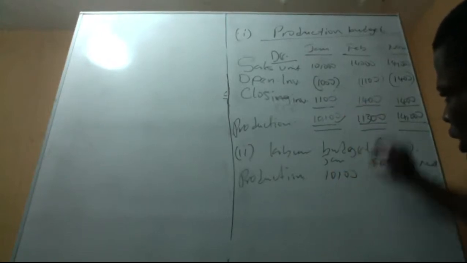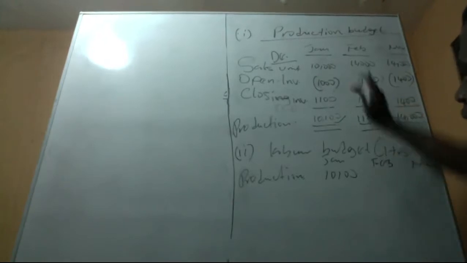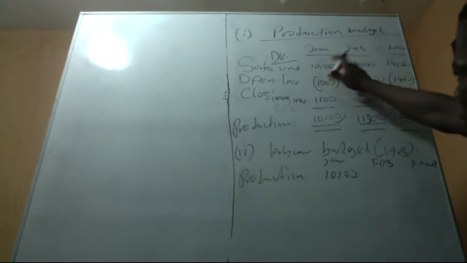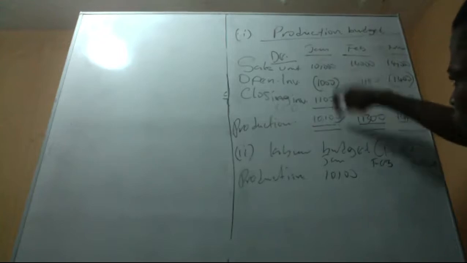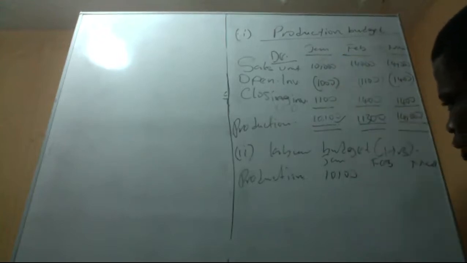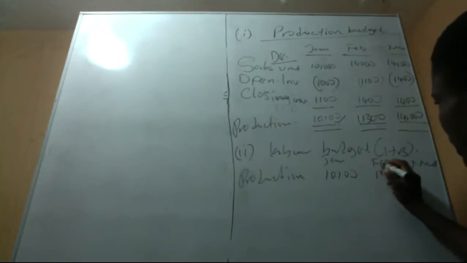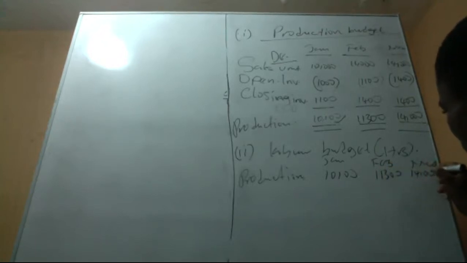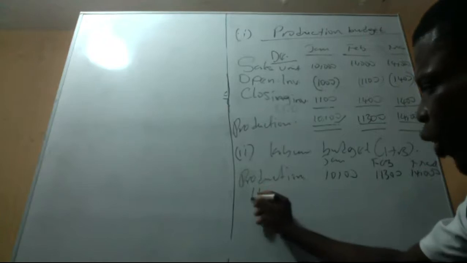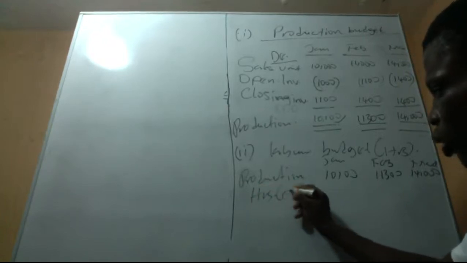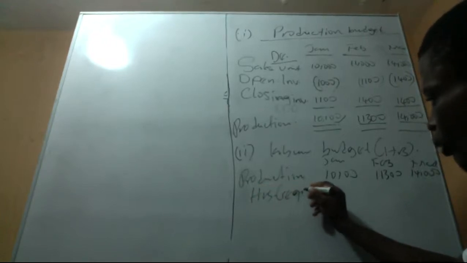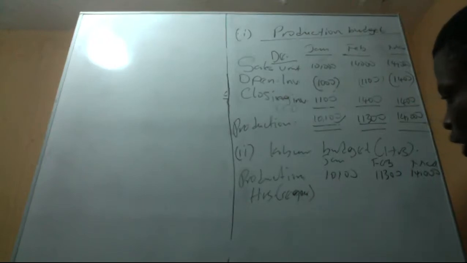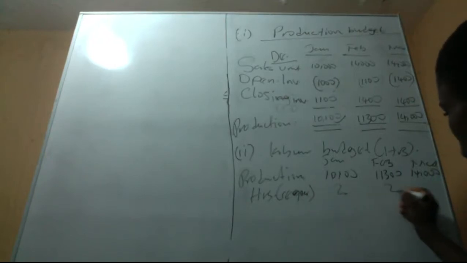Have you seen this? This is the principal budget factor, the sales. Production depends on it in that order. So then 11,300, and finally 14,000. Hours required per unit is 2 hours.